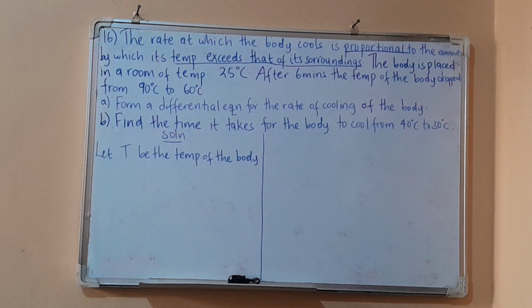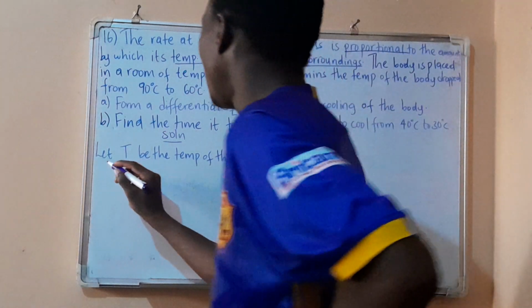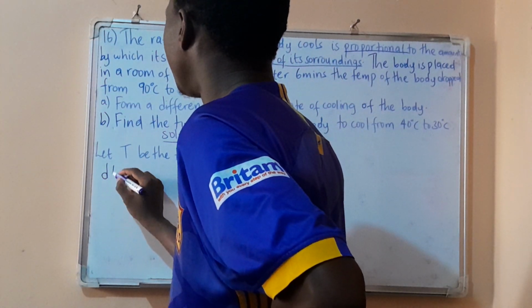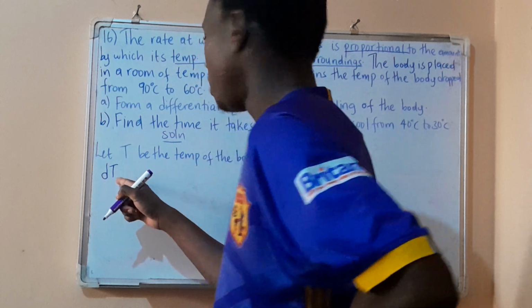We have the rate at which the body cools. So we shall have dT over dt. This is the body temperature.